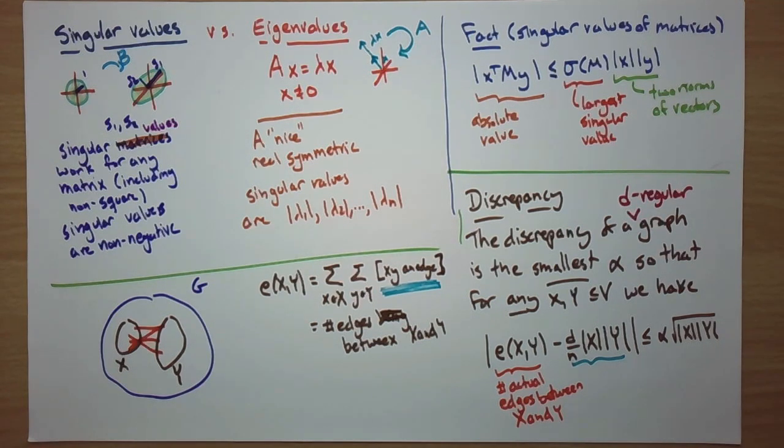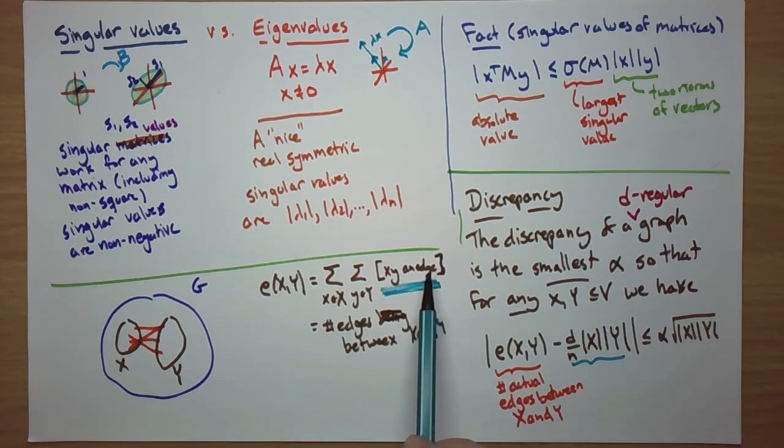So put on your probability hats and imagine that the edges were quote unquote random. I'd say it's the degree of that vertex divided by the total number of vertices. Right, the degree of the vertex divided by the number of vertices. So the probability of any particular edge, if I were to think of things as being random, would be that any edge would show up with probability d over n.